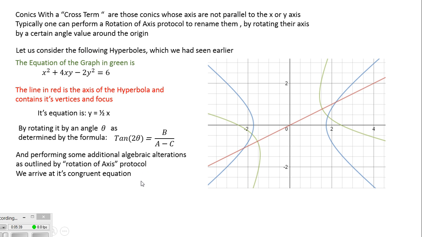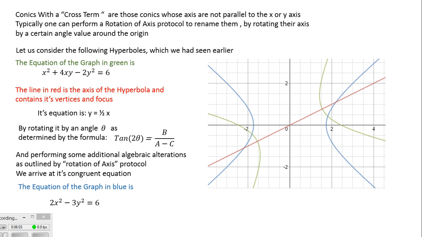So after determining that rotation angle, and then going through some algebraic formulations, we're going to come up with a new equation, which is given here and is represented with the blue function.